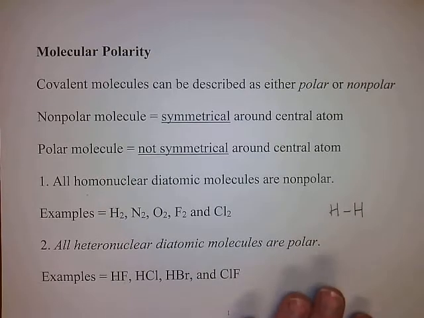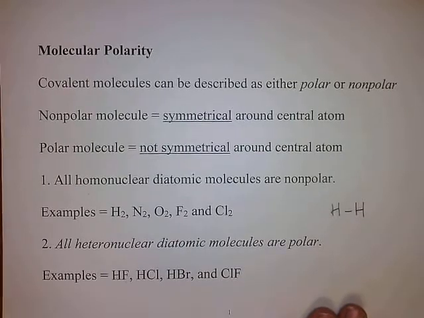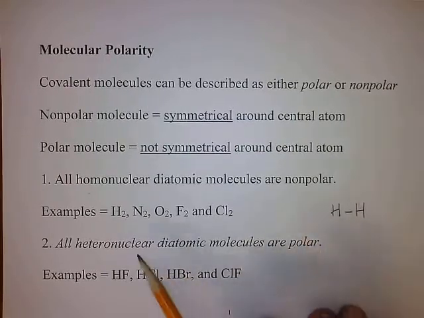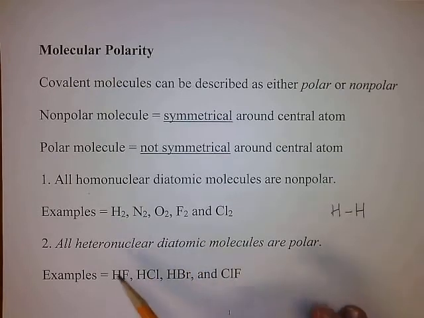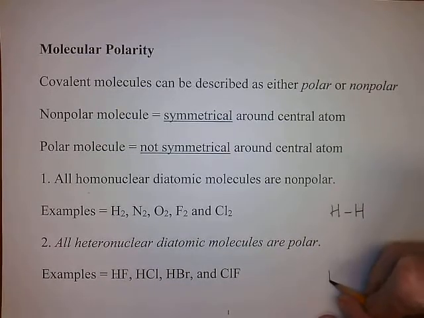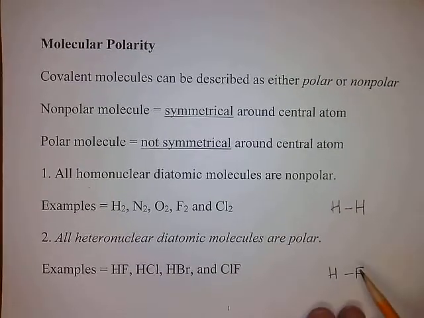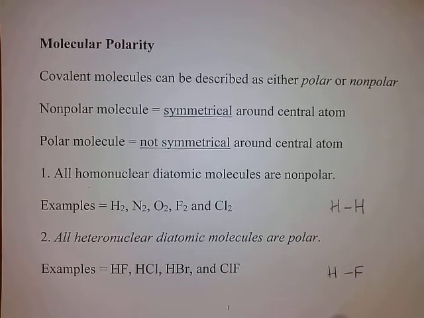Okay? On the other hand, all heteronuclear diatomic molecules are polar, right? So now we're still talking about diatomic molecules, two atoms, but now we're talking about heteronuclear. The two bonded atoms are different. So let's look at the first example. We have a hydrogen bonded to a fluorine. Well, a fluorine atom is very different than a hydrogen atom.